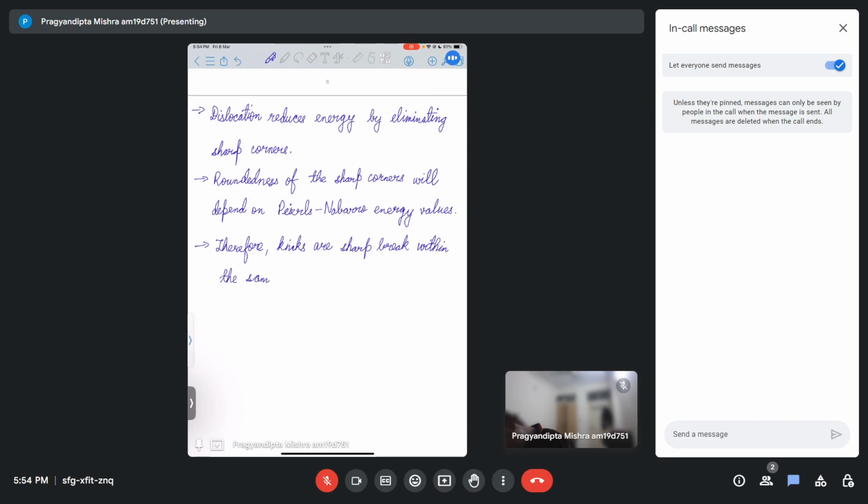It's important to understand this point. Why are we saying sharp breaks within the same glide plane? Because the next type of dislocation motion that we will discuss will not be in the same glide plane. It will be a sharp break outside the plane. So kinks are sharp breaks within the same glide plane. Just remember this point. The next type of motion that we'll discuss is jogs.